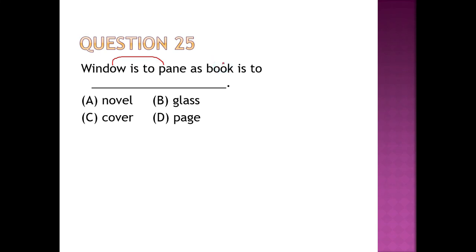Glass is out because book has no relationship with glass. So let us look at a window. A pane is a glass in a window. So let's say this is our window, right? If this is our window, this would be a pane.